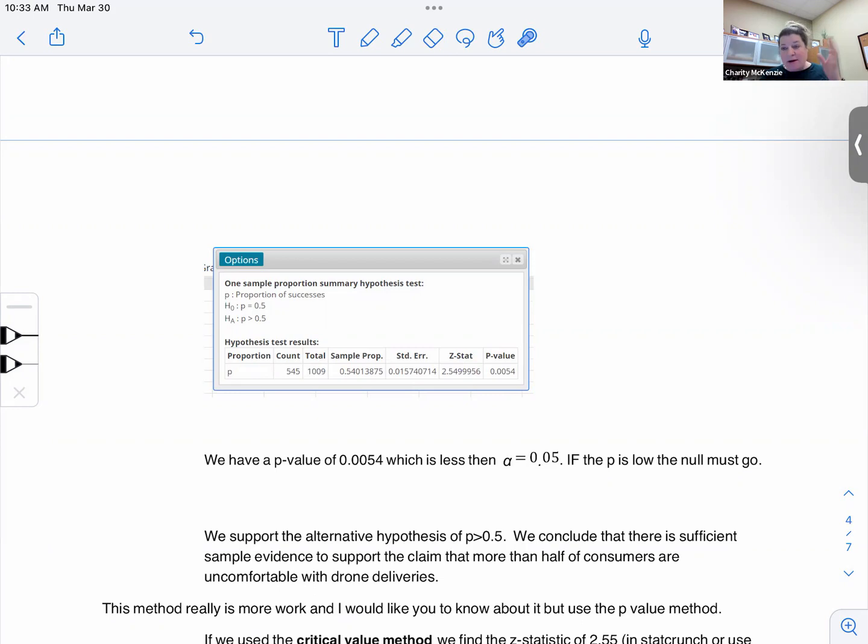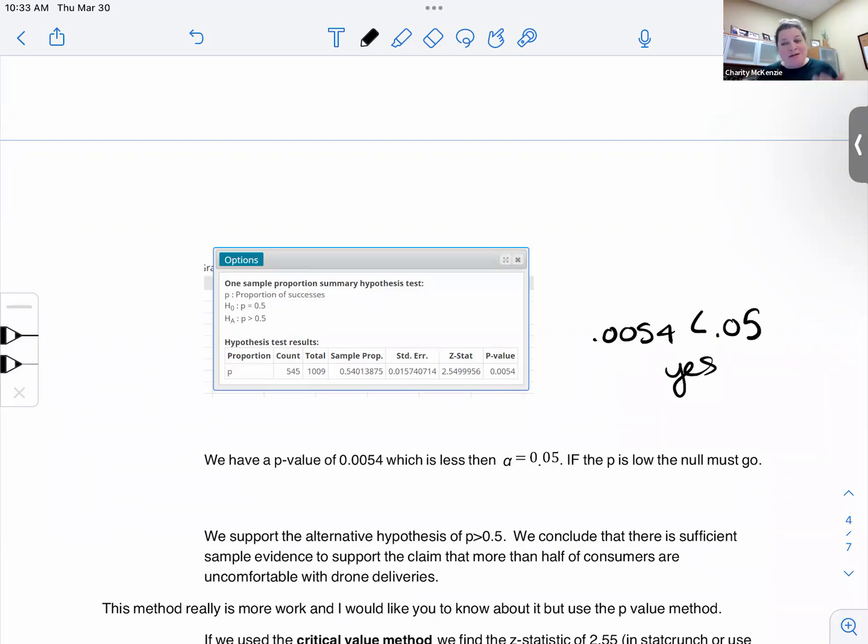I have 0.0054. We want to be accurate at 95, so 0.05 level. So if you think about it, is 0.0054 less than 0.05? Yes, it is. If it's less than my significance value, then the null must go, right?